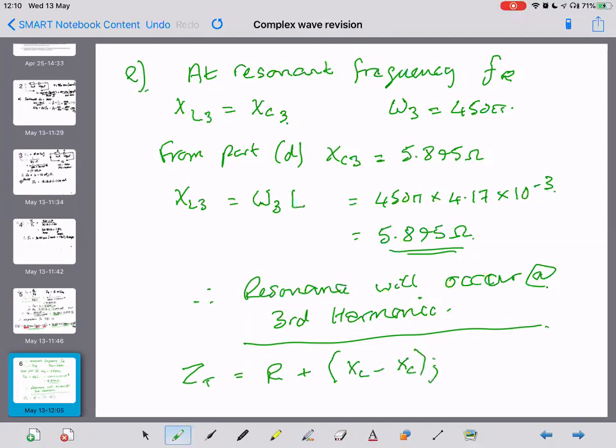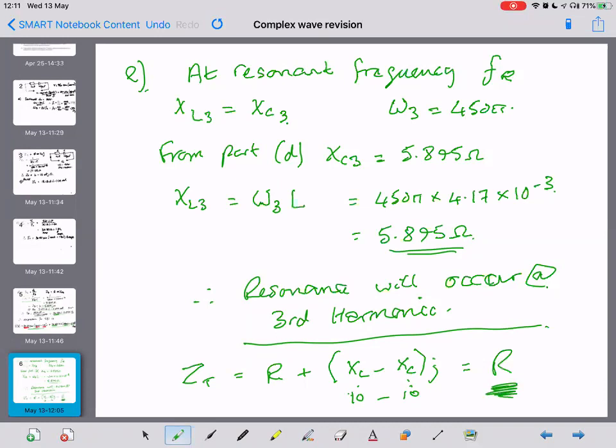So at resonance, if XL and XC are the same, 10 and 10, the result is 0. Therefore, at resonance, your ZT is equal to R, just the resistance.